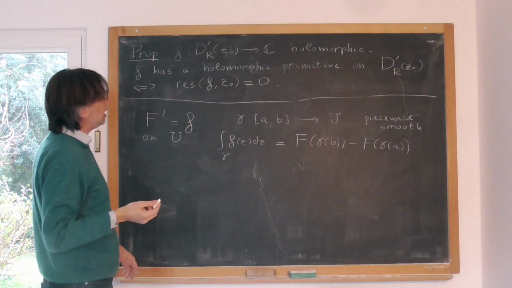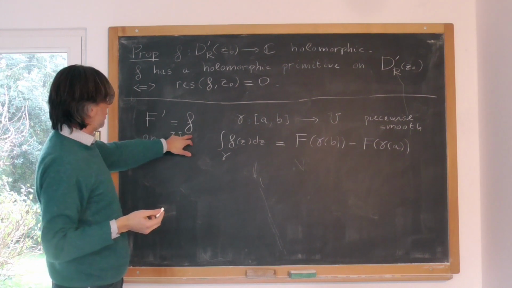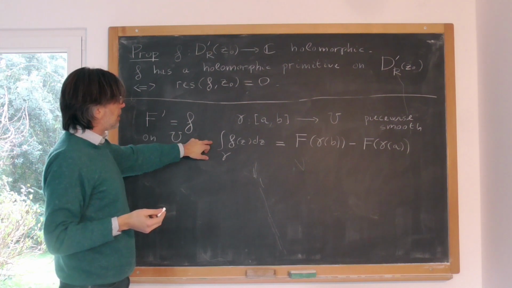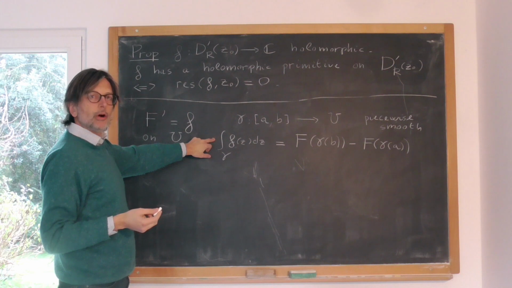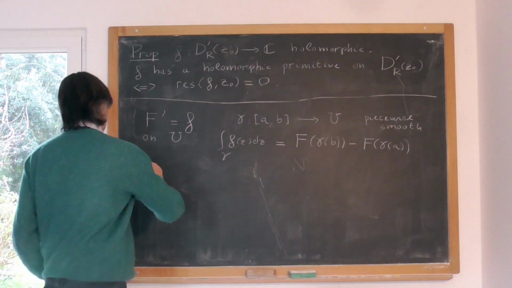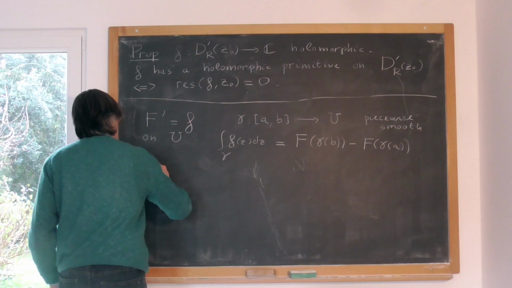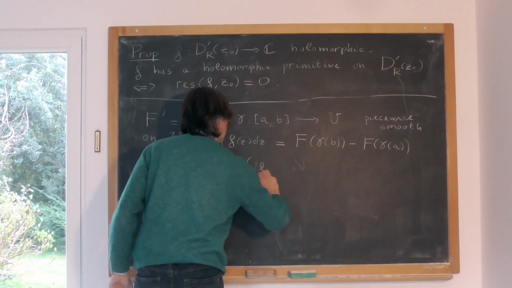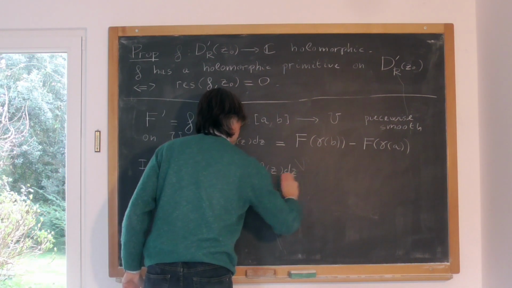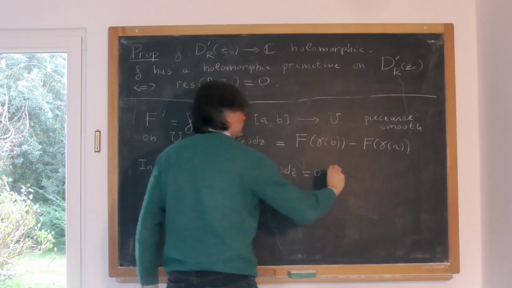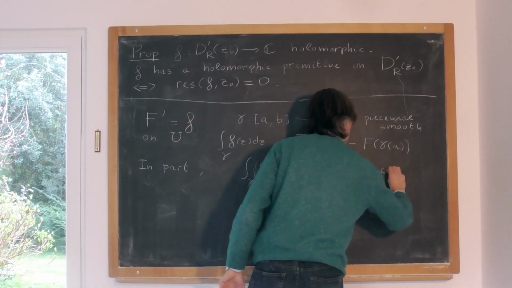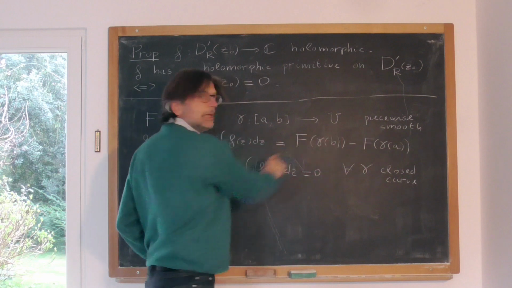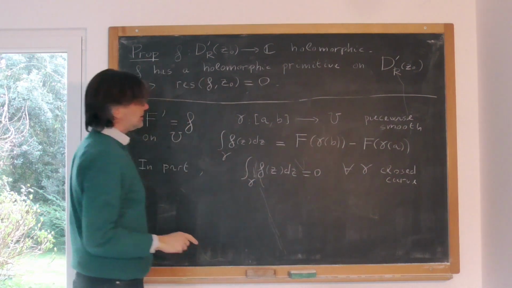So in particular, if small f admits a primitive, then the integral is 0 on all closed curves. So in particular, this integral is 0 for all gamma closed curves. Because here the endpoints coincide, and so these cancel each other.